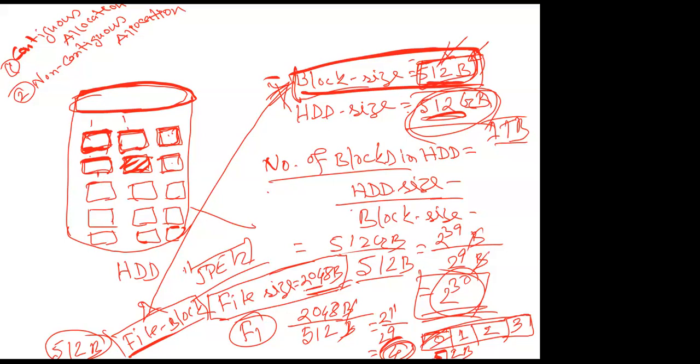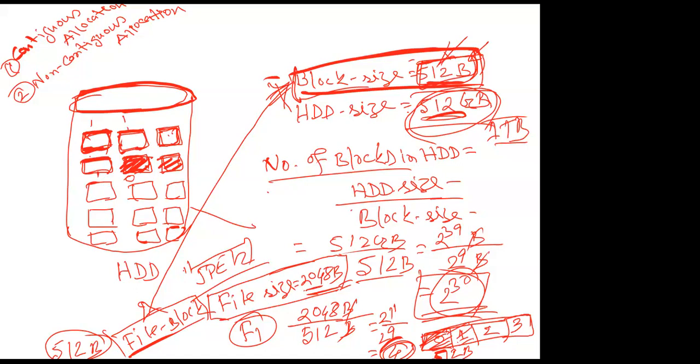What is contiguous allocation? Let's say this file's block 0 you just write in here. Then for contiguous, you need to set block 1 in the adjacent block.